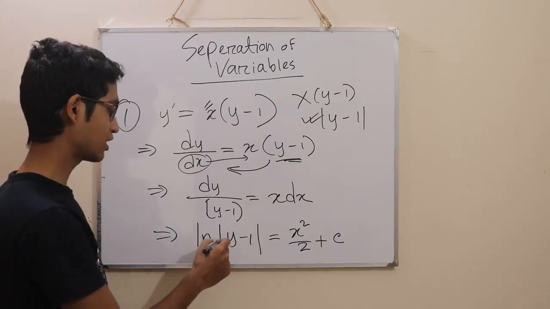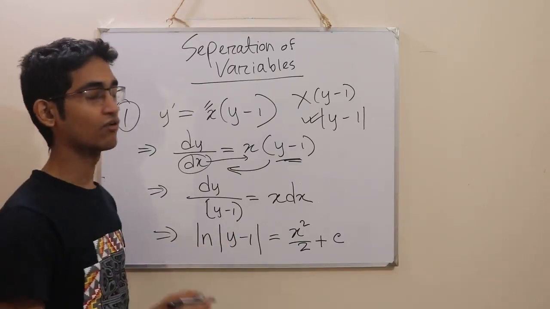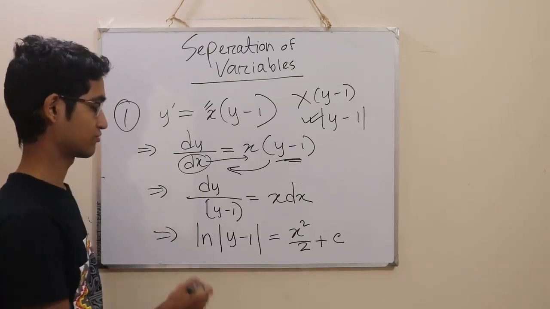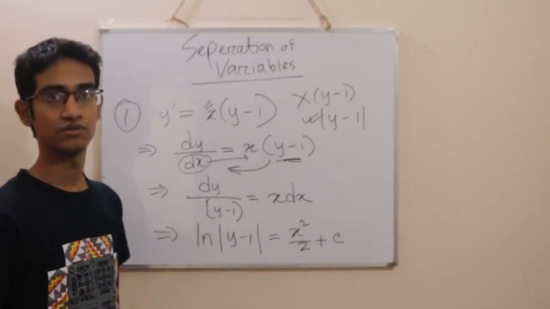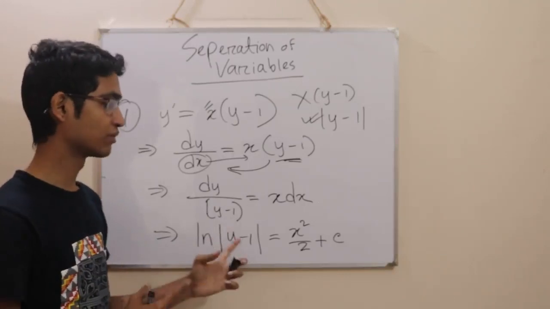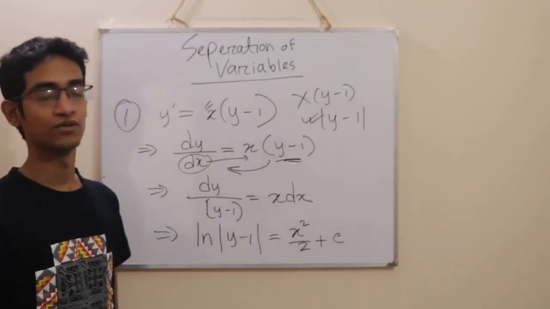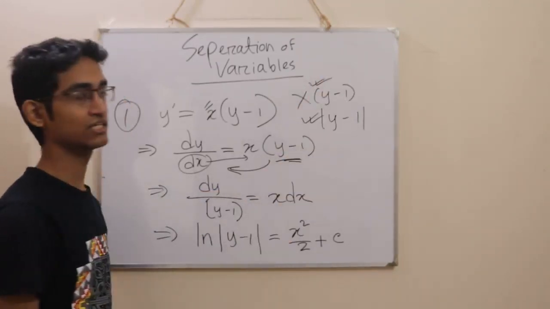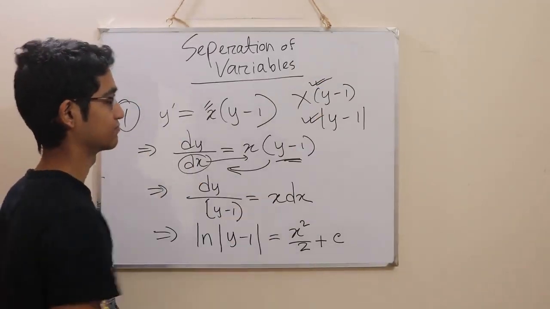Because the natural logarithm, or any kind of logarithmic function for that matter, is defined only for positive values. It does not work on negative values. So we have to ensure that this value is positive, and the only way to do that is taking the absolute value of this. We cannot take this and expect that magically it will ensure itself. We have to do it ourselves.